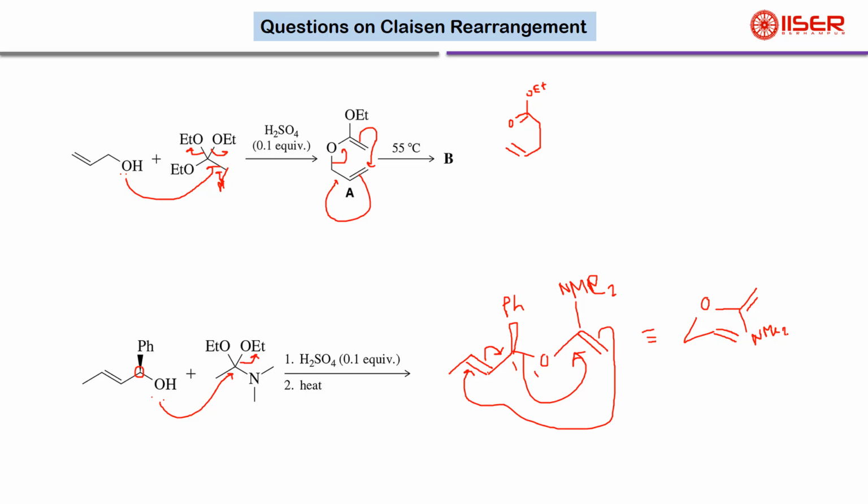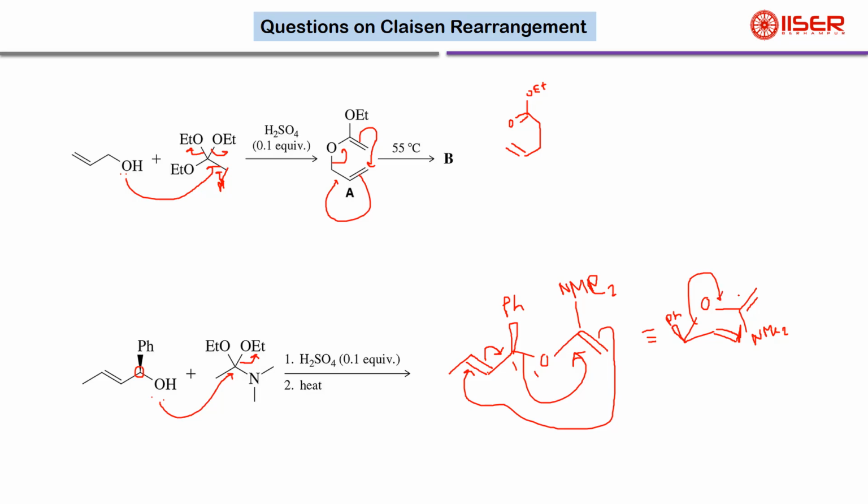Next, this double bond is trans, so obviously this methyl group will be above the plane, trans like this way. Okay, and there is a phenyl group adjacent to this which is above the plane, so I am drawing it like this way.